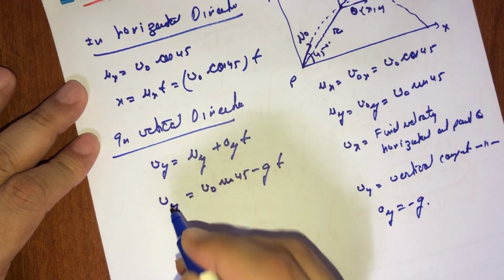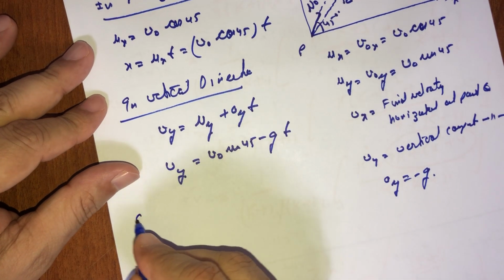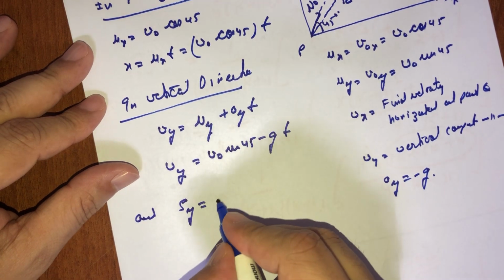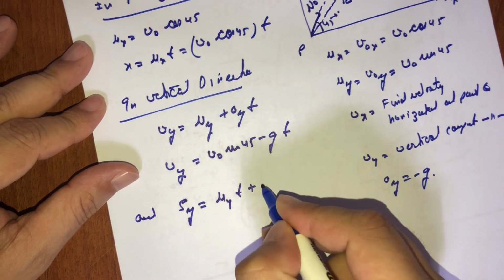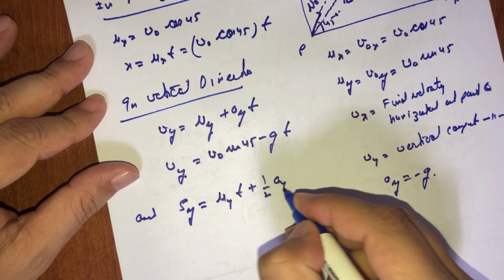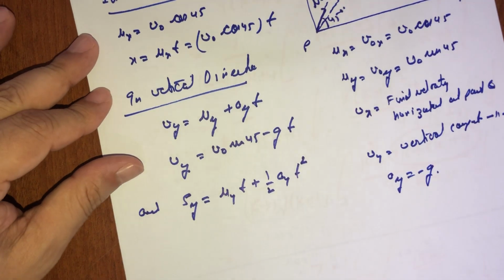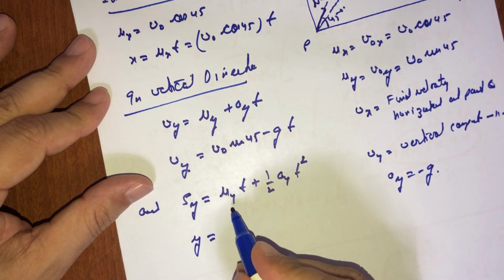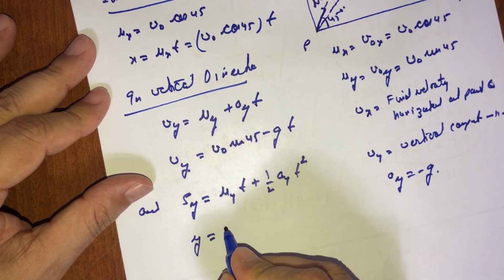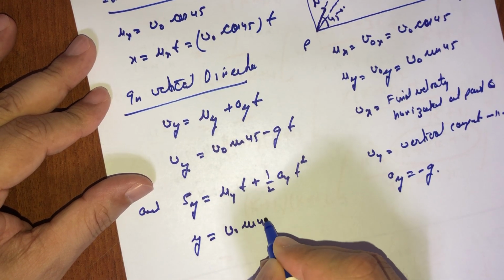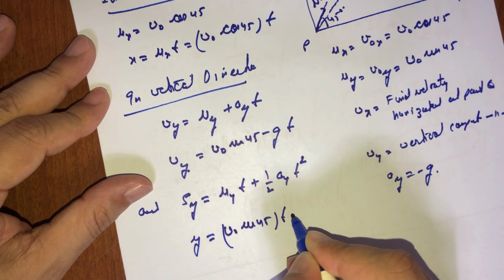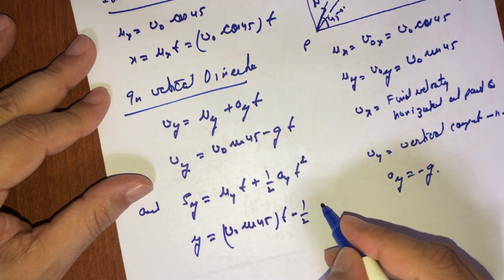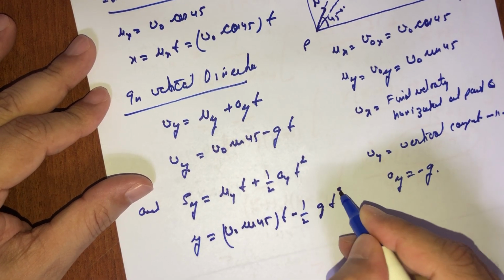This is Vy, and distance, let us call this sy, is equal to uy t plus half ay t square. So this will be y is equal to v0 sine 45 multiplied by t minus half g t square.